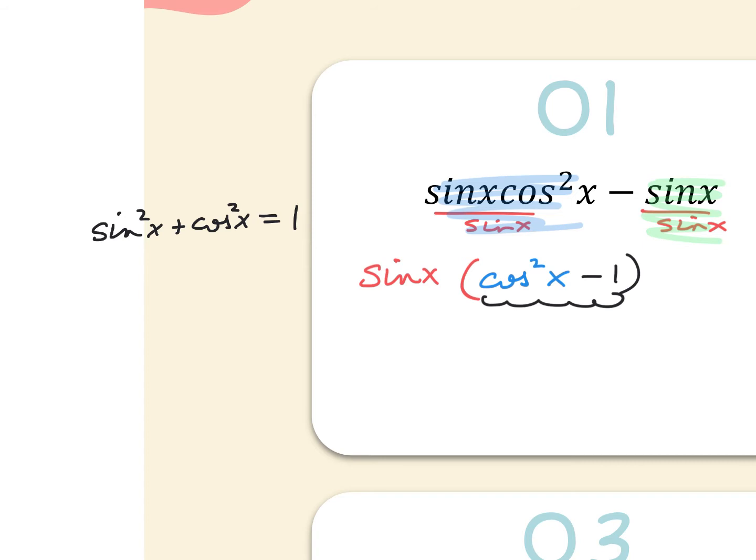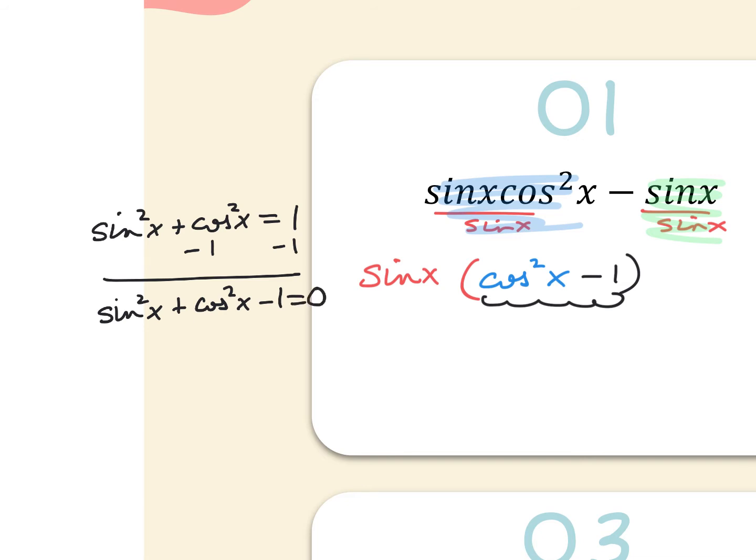I'm going to manipulate it and solve for one of the pieces. And what I'm going to solve for is sine. But I'm going to move the 1 over. And now I have sine squared x plus cosine squared x minus 1 equals 0.